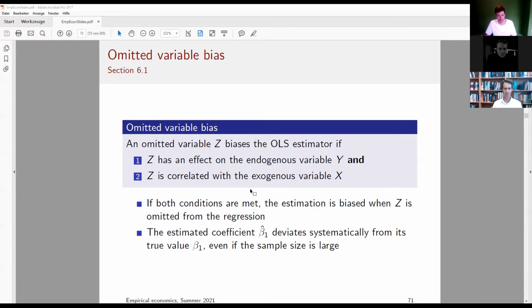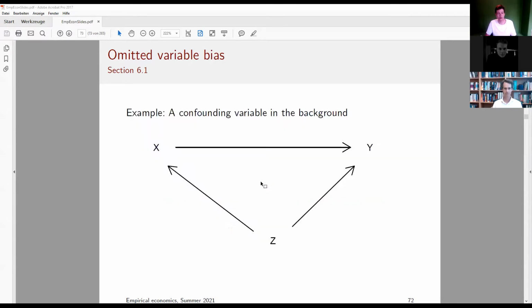Let me just give you, first of all, a diagram that shows you how the mechanism works, and then after that, a little example. The diagram here is of the very same story I just told you, or that you could see in the definition.